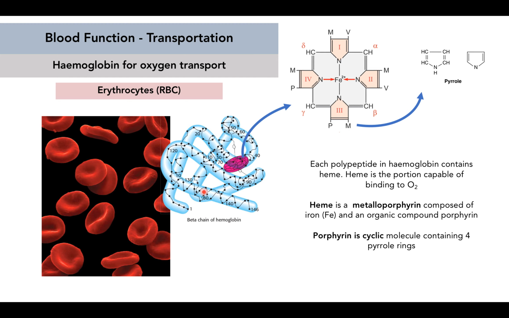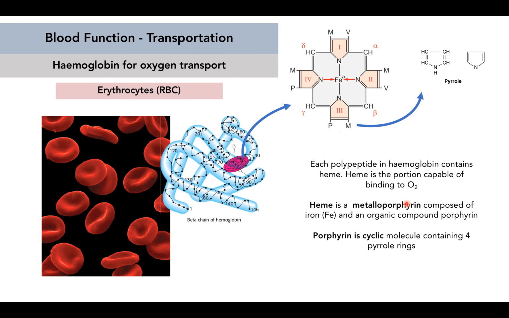So here we can see the red blood cell. This is one of the heme groups in hemoglobin, and when you look closer, this is how it looks. Each polypeptide in hemoglobin contains heme, and heme has the portion capable of binding to oxygen, because heme is a metalloporphyrin. What is metalloporphyrin?